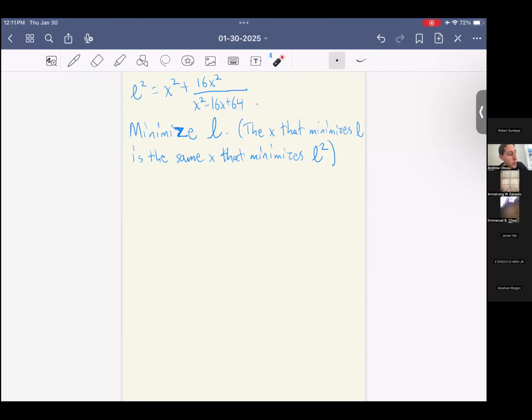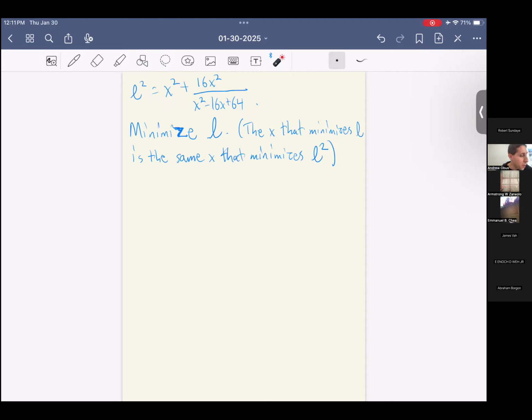And so the good news is that minimizing this is easier than minimizing the square root of this, because the square root of this does not have a very nice simplification. That means the square root of this thing is not going to be easy to take the derivative of, because derivatives involving square roots use the chain rule, which we don't know yet.